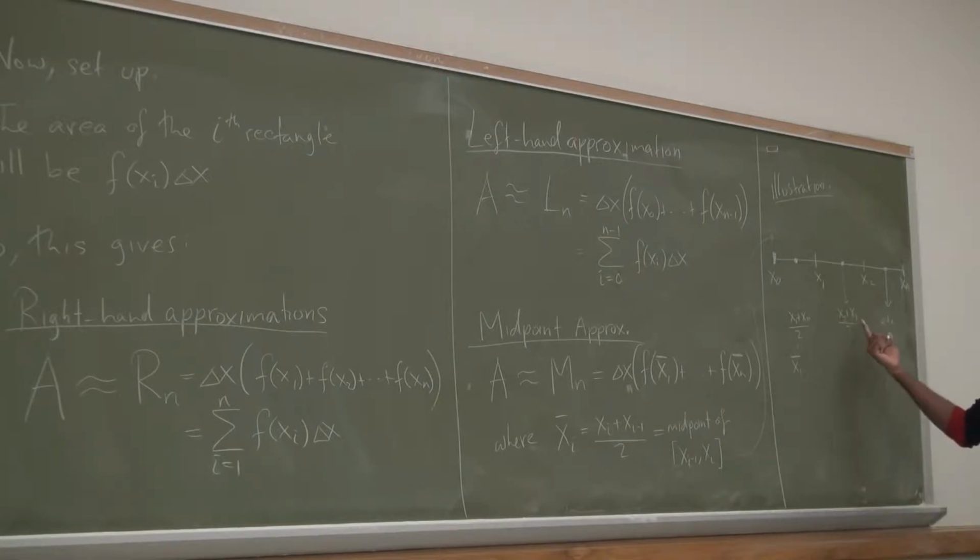I don't have to do this formula over and over though, because they will again be at a gap of delta x apart. So all I have to do is find the first guy and then just keep adding delta x to get all the other ones. That would usually be the best way.